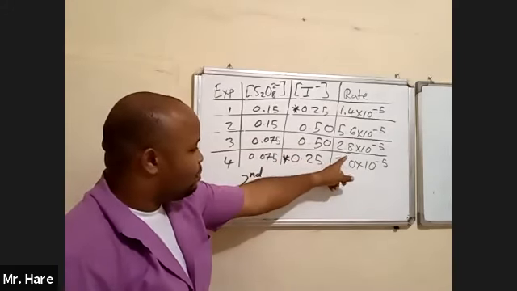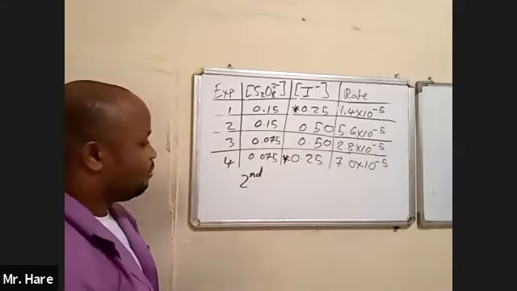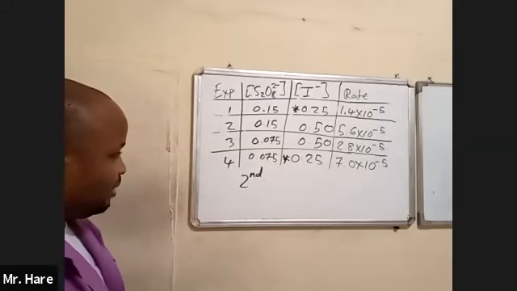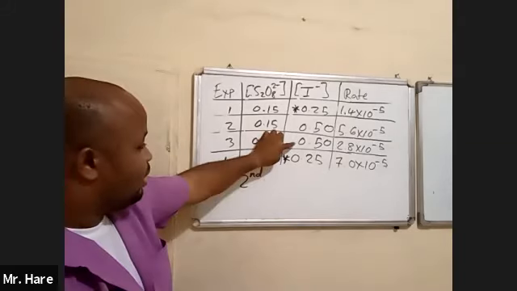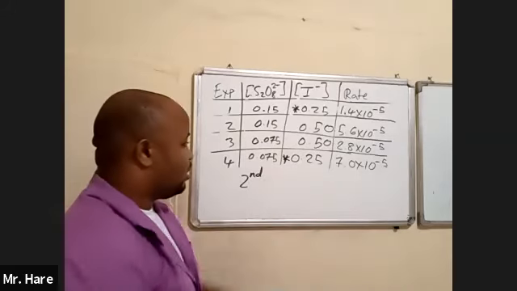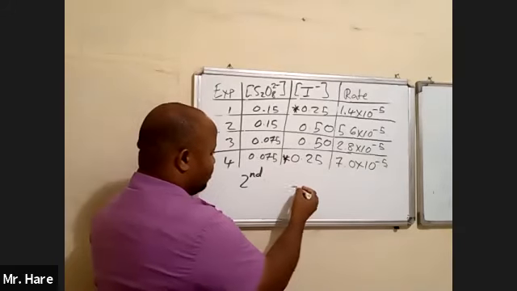And what happened to the rate? The rate went up by 4. So the concentration, were we supposed to divide the 0.50 by the 0.25? All right. If you do that right, you will get 2.